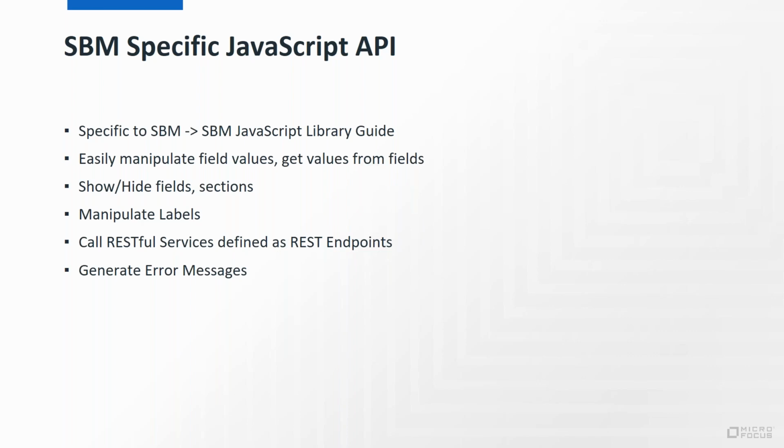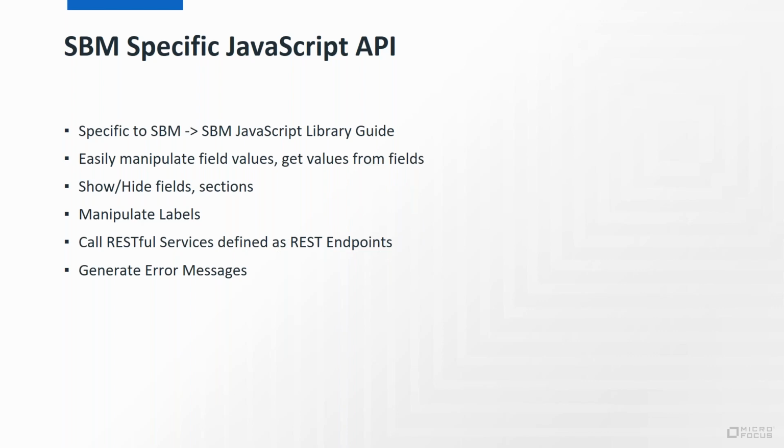So the SBM-specific JavaScript API is specific, again, to SBM, and its documentation is in the SBM JavaScript library guide. That is publicly available to you on help.serena.com, and I've given a link at the end of the presentation directly to that.